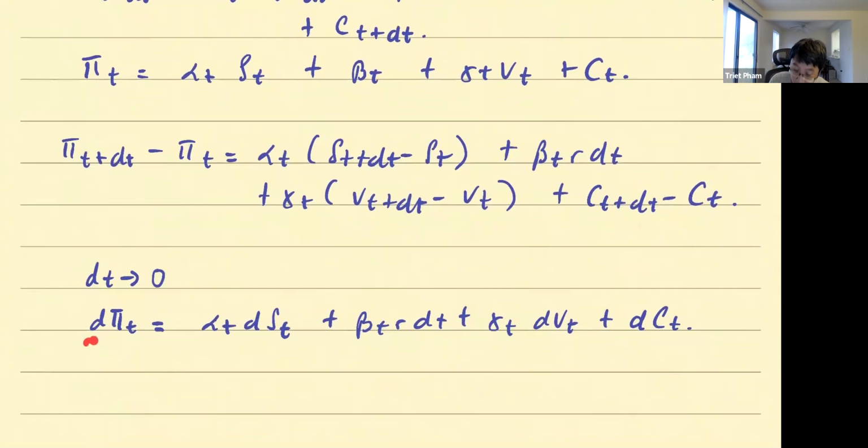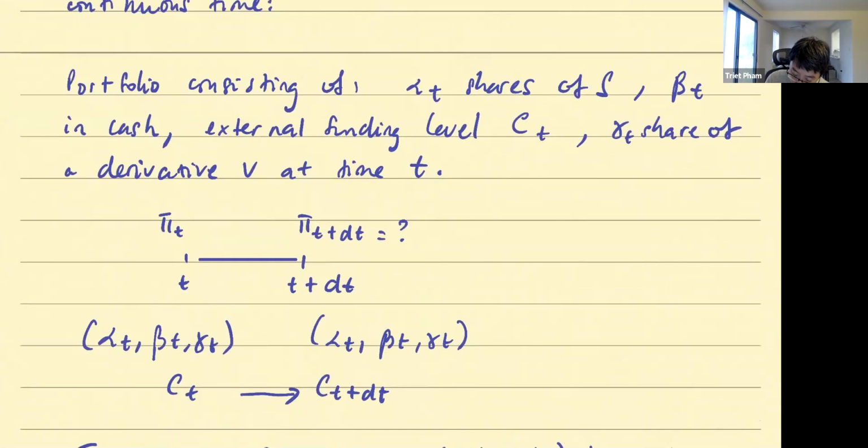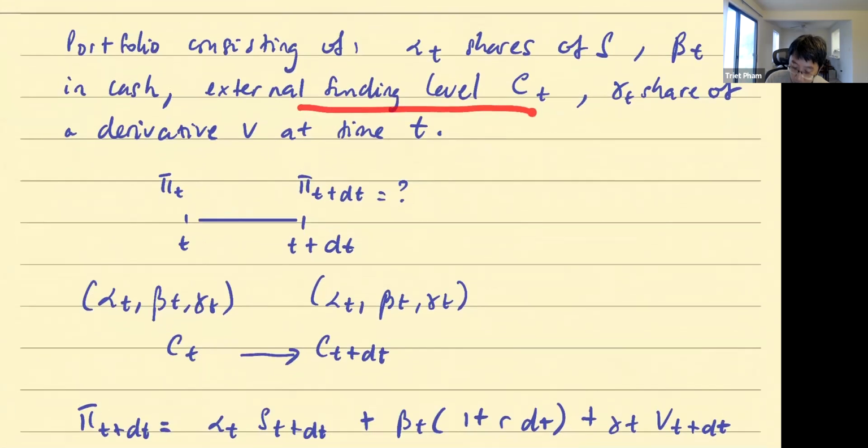In other words, the change in portfolio values is like this, subject to the holding of the portfolio at time little t. So self-financing means that you have no external funding. And by the way, when I say C t, this could also be your consumption, meaning some people may decide to take money out of their portfolio.